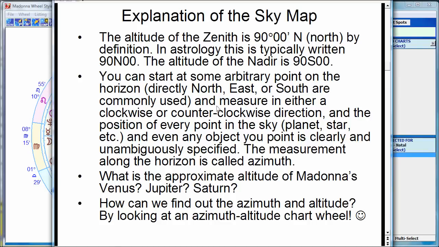Okay. Now, by the way, you can describe the position of anything in relationship to the horizon, right? It doesn't even have to be an object in outer space. You could just say, where is the door to your room in relationship to the horizon.